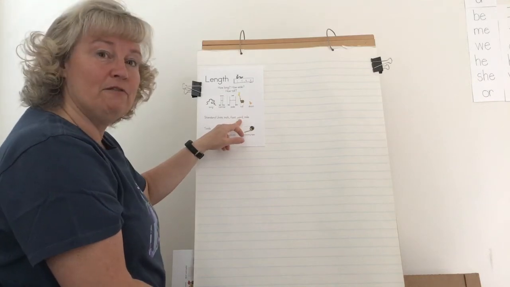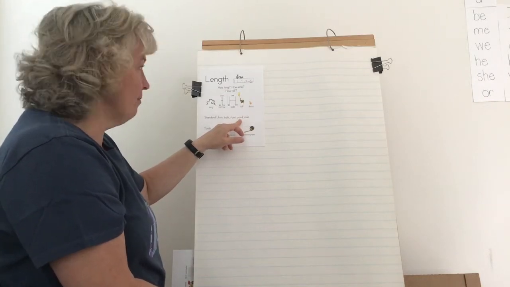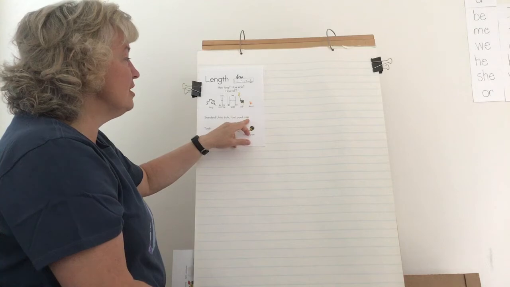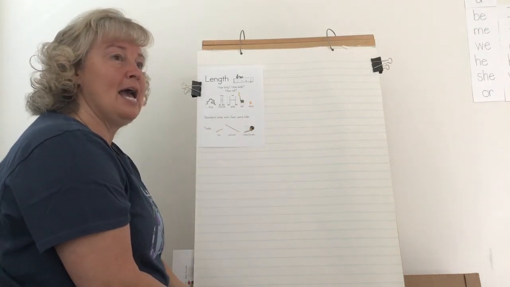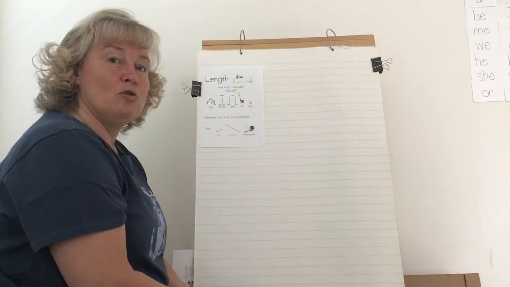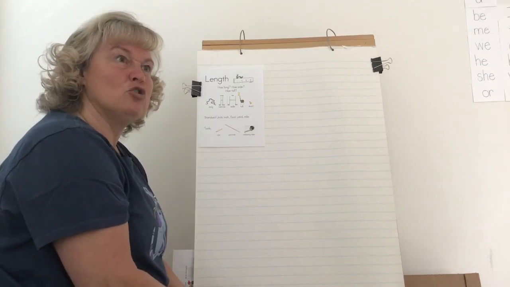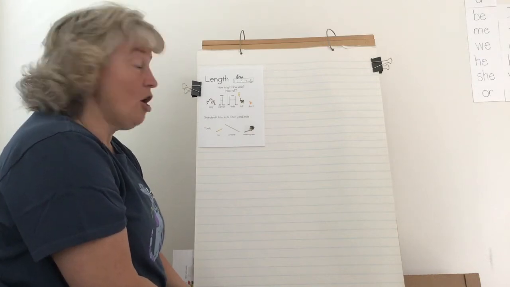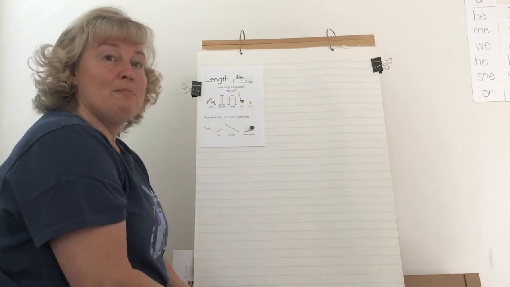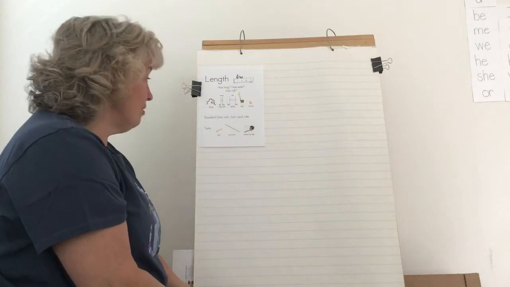Like on a football field, it's 100 yards long. Or we could measure the distance of something in miles. To get from my house up to Wegmans is about 12 miles in the car. So miles, we usually travel in the car. Or if you're a runner, you can measure how many miles you might run.